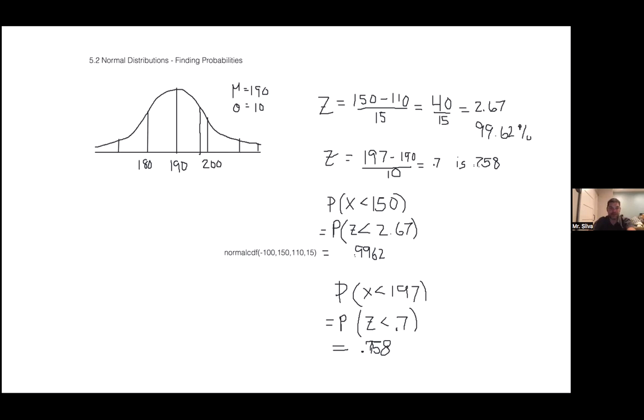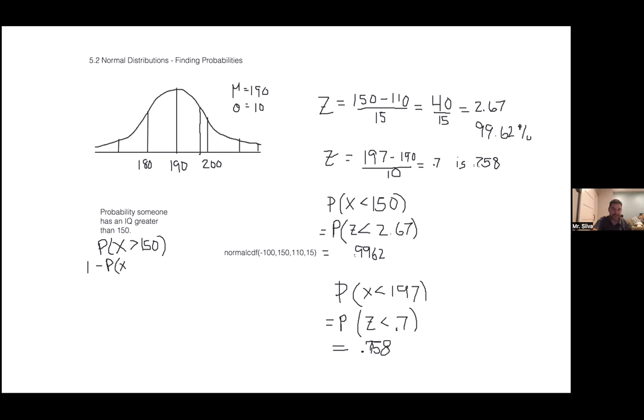Okay, so now I'm going to use notation here. Remember X is IQ. Probability X is greater than 150. So what do I got to do? I got to find that 150 as a z-score. We did that, 2.67. Translate it to a percentile, 0.9962. Then do 1 minus 0.9962. Why do I got to do that? Because the area under the curve is 100%.